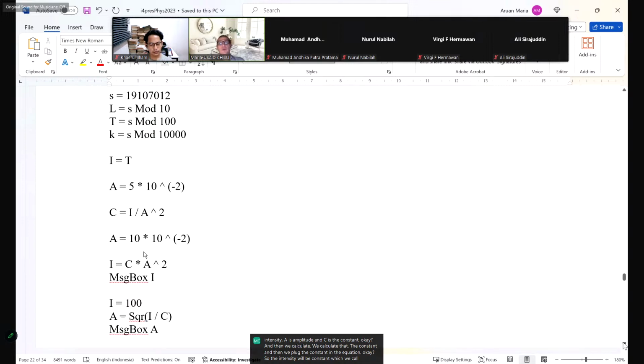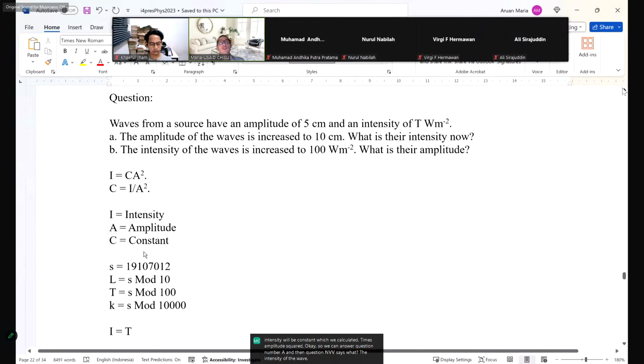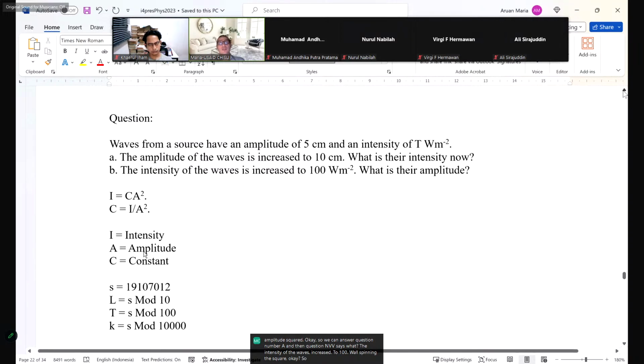So we can answer question A, and then question B says what? The intensity of the waves increased to 100 watts per meter squared. So it was T, whatever your T number, for example 25 or something like that, right? Then it increased to 100.